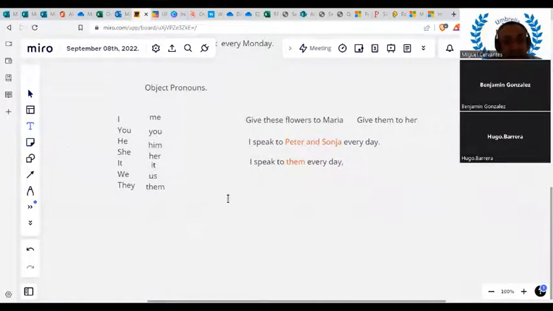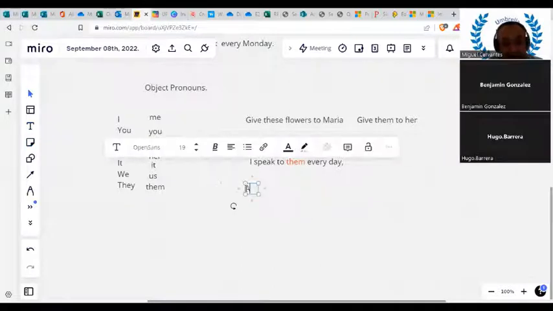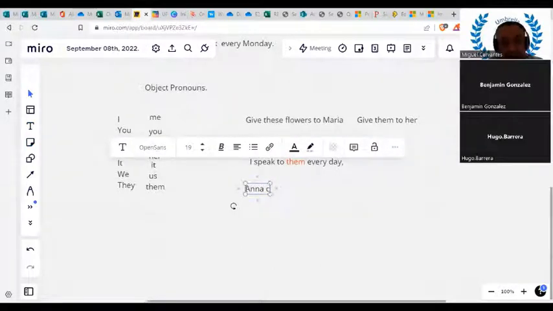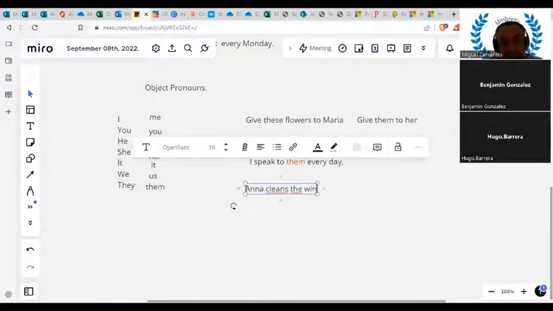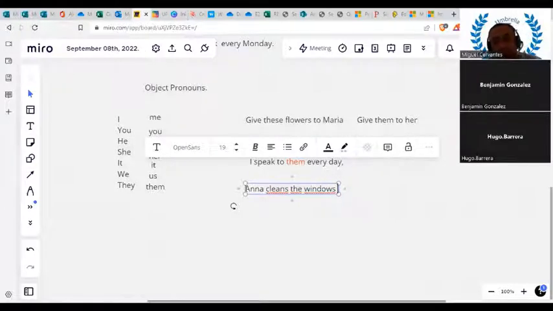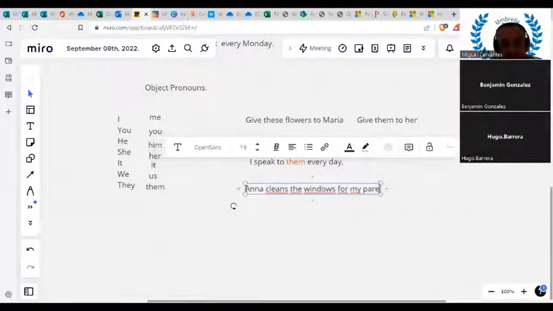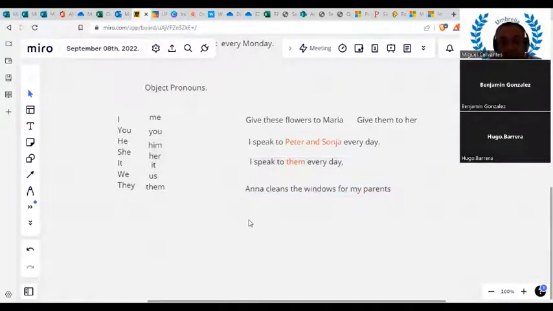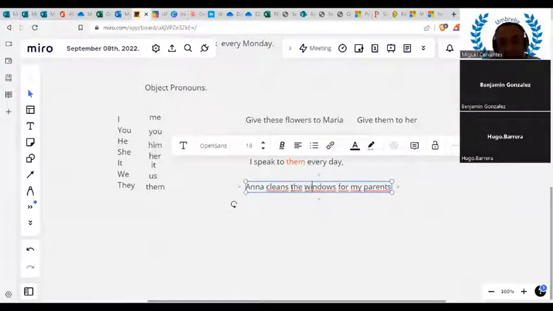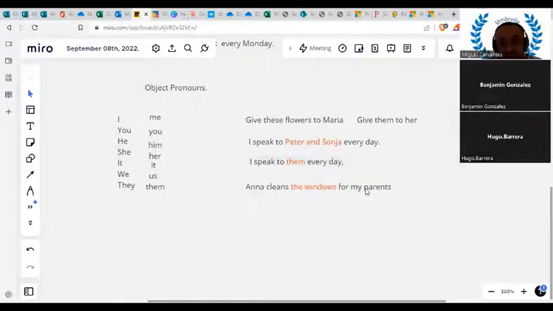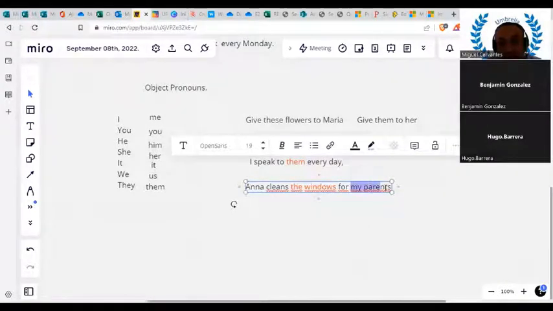What about Benjamin? What about this one, Benjamin? Anna cleans the windows for my parents. How do you change the windows? How do you change my parents?